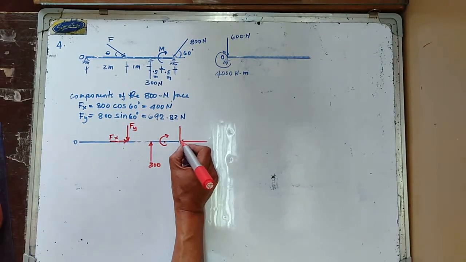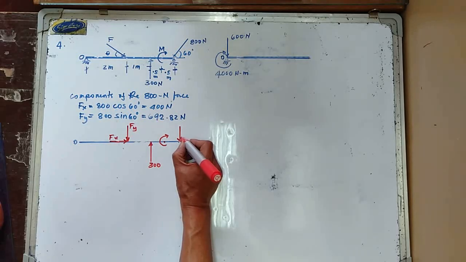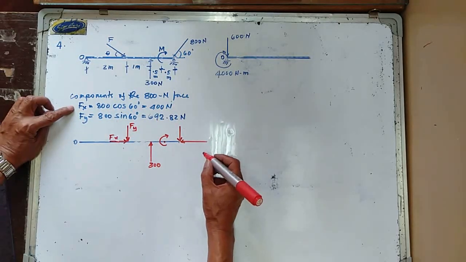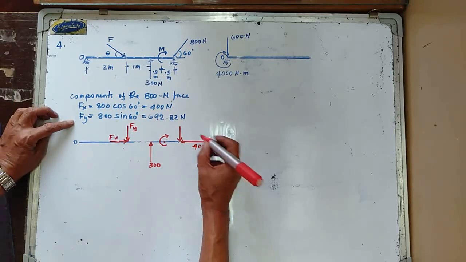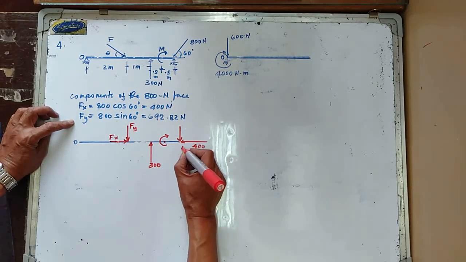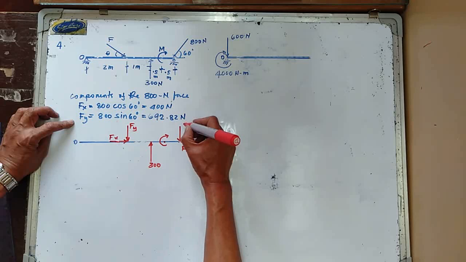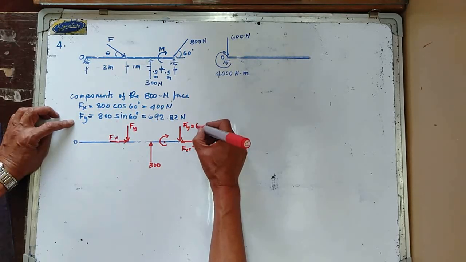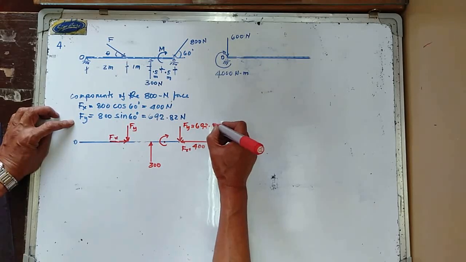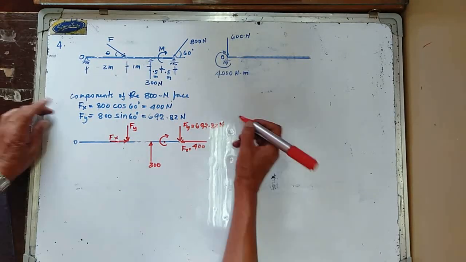So your Fx in here is 400, and your Fy is equal to 692.82 newtons.